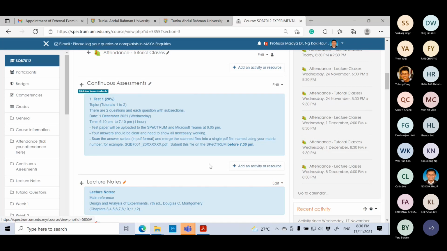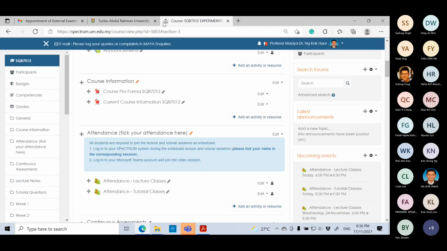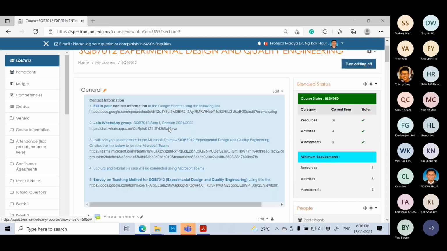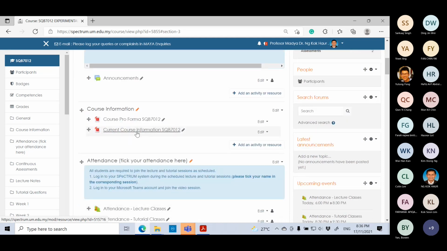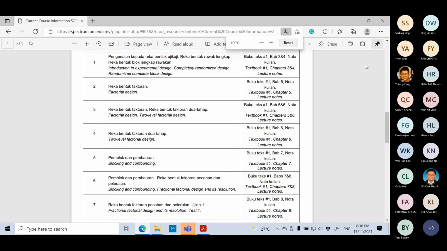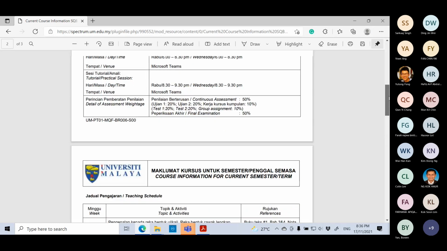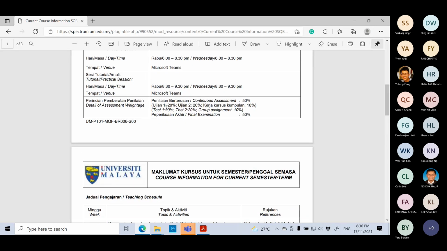About your test number 1, as you refer to the cost information, it consists of the two tests, test 1, test 2, and the group assignment.